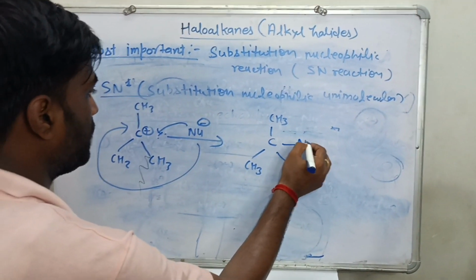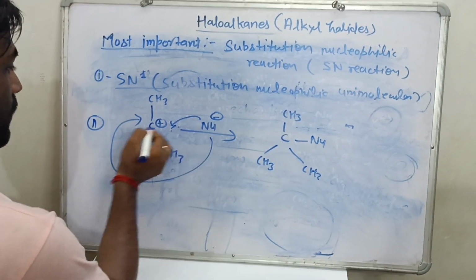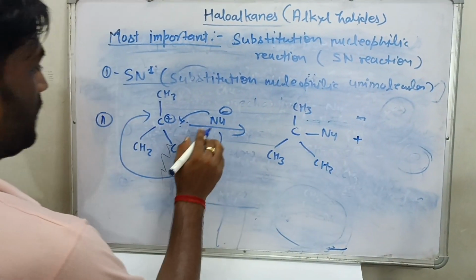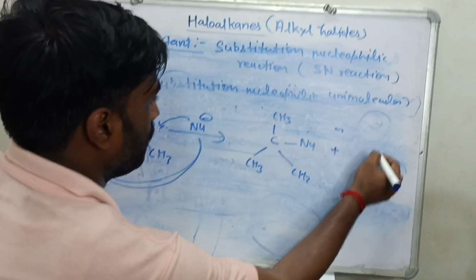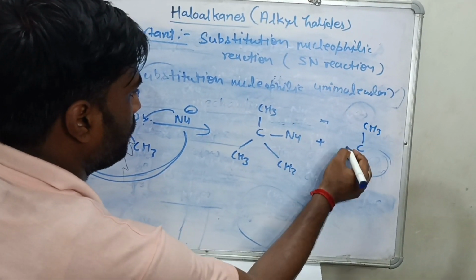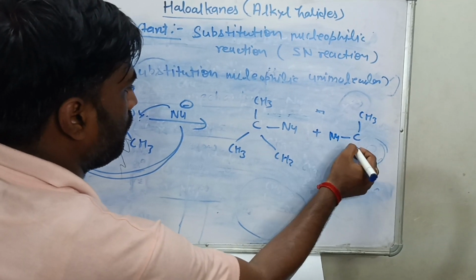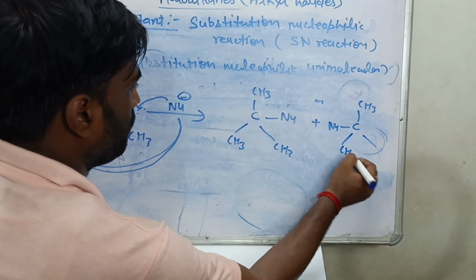When front side attack takes place, the nucleophile attaches from this side, and when back side attack takes place, the nucleophile attacks from the back side, leading to this type of geometry.